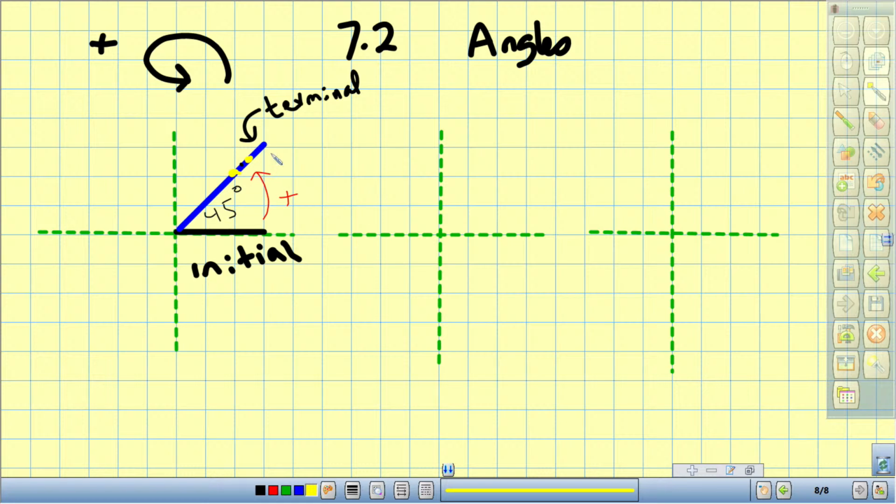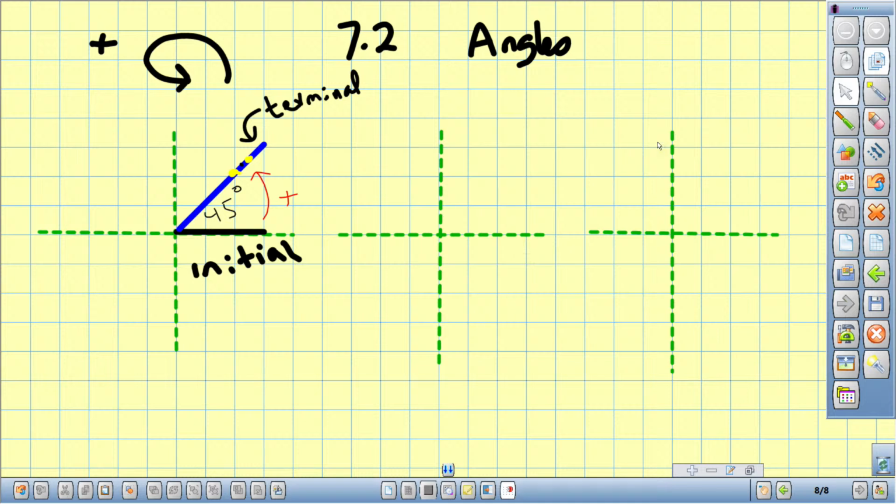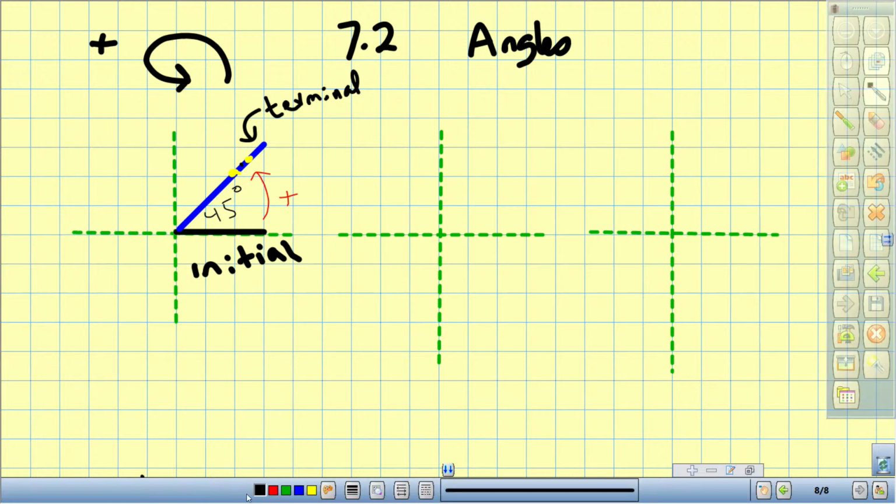Coterminal angles means angles that live in the same terminal, just like roommates. Like they co-inhabit the same terminal. Sometimes they have positive roommates, sometimes they have negative roommates. Hopefully you might want to stay at home during college. You're going to avoid either of them. Particularly the negative roommates.